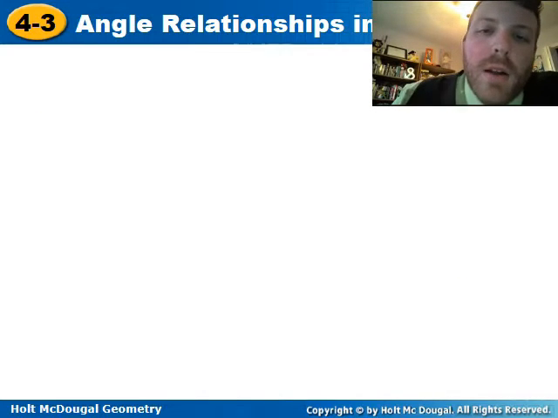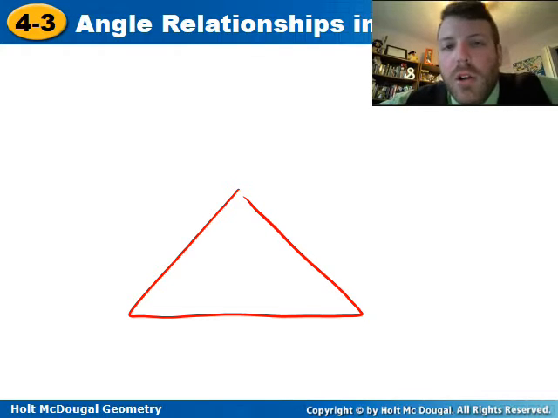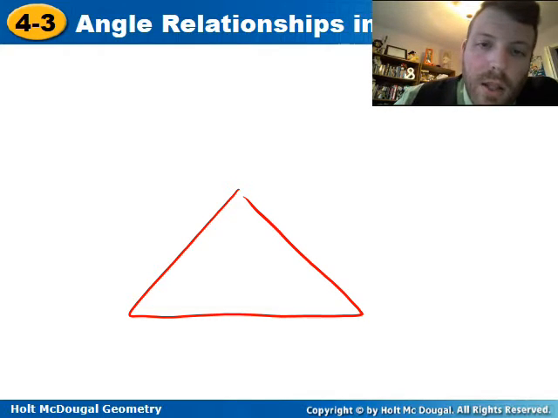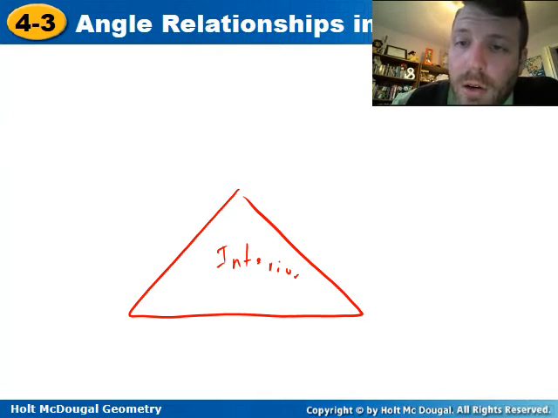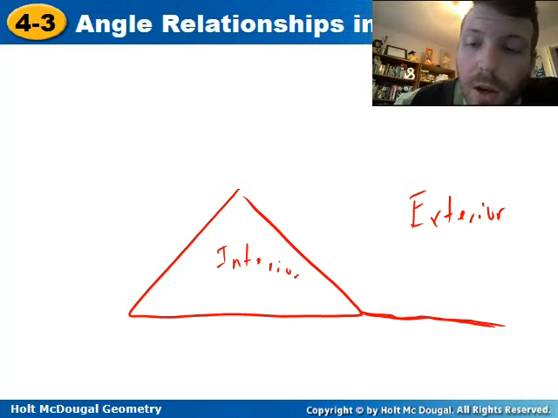Okay, let's talk about triangles and their interior and exterior. So I can draw a triangle, and the inside is the interior, obviously. And the outside is the exterior. So when I connect and create larger segments that come off of this, I can create an angle that comes out right here.